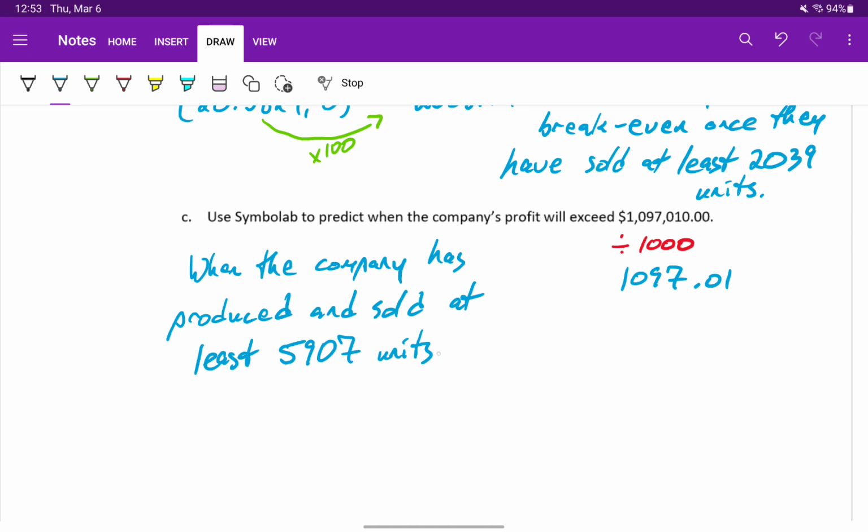So when the company has produced and sold at least 5,907 units, then they'll exceed that target profit.